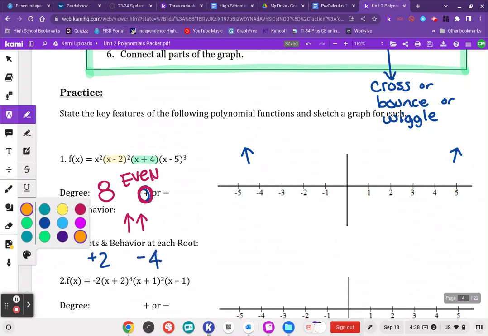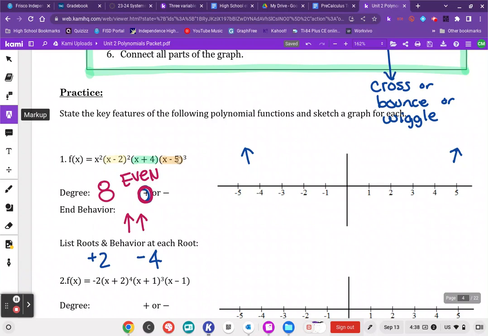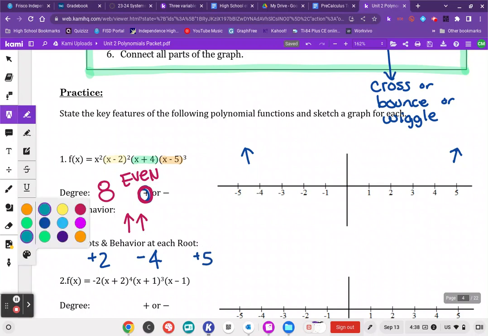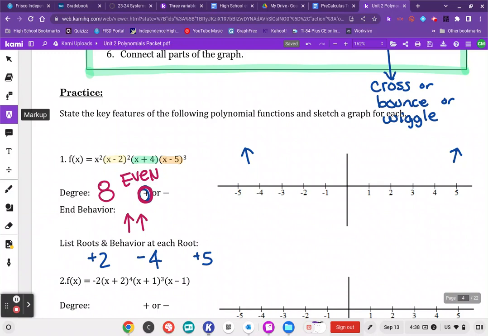If I have a factor that's x minus 5, that means my root is going to be at positive 5. And then I purposely skipped over the one here at the beginning, which is this x squared that's out here in front. It's not inside of parentheses. If an x is out there by itself, not inside of parentheses, that will always mean you have a root at 0. So that one has a root at 0.